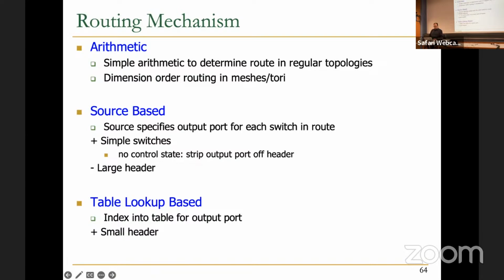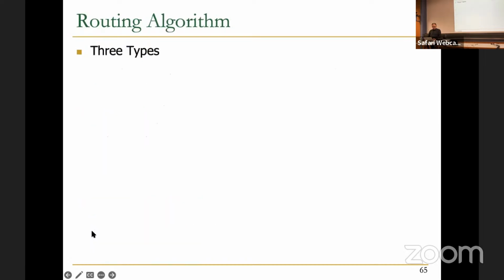Essentially, these are all different ways that we can calculate the routing. You can come up with some arithmetic, or you can calculate it at the source, or you can have a table lookup base. At every node, you can have a lookup table that you just access, and it tells you which output you should go to. This makes your header smaller, but it can make your switches more complex.